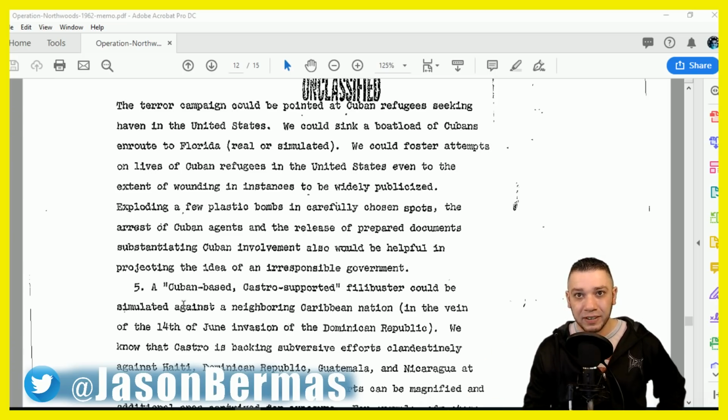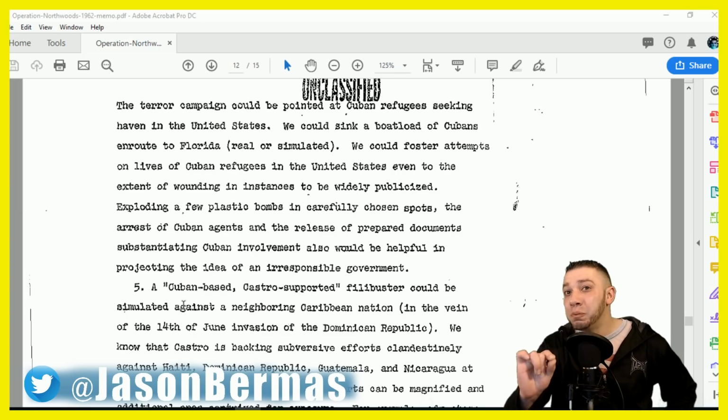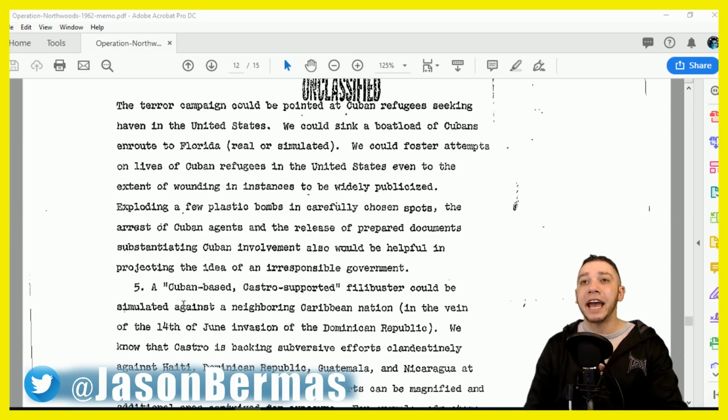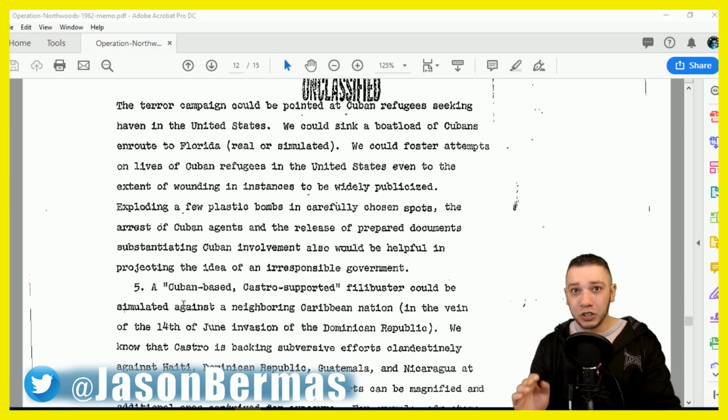Think about this. Exploding a few plastic bombs in carefully chosen spots, the arrest of Cuban agents, and the release of prepared documents. Prepared documents. Remember, this is pre-Kennedy assassination. And they're talking about using plastic bombs in carefully chosen spots, arresting Cuban agents they already have set up, with the release of what?